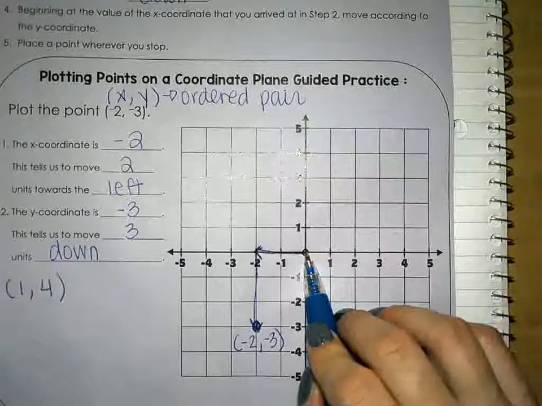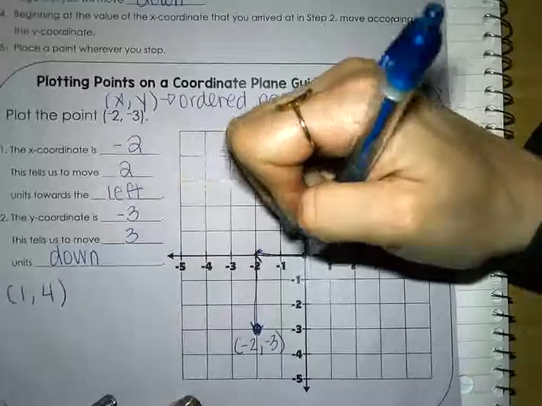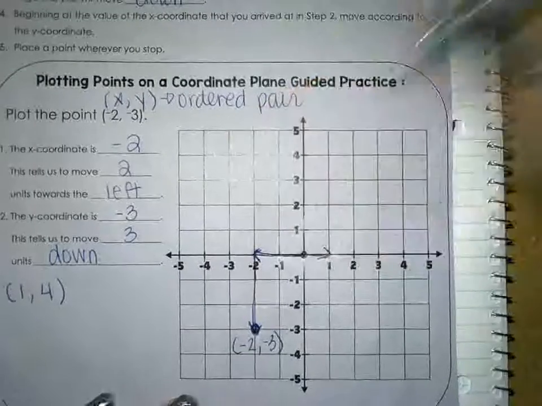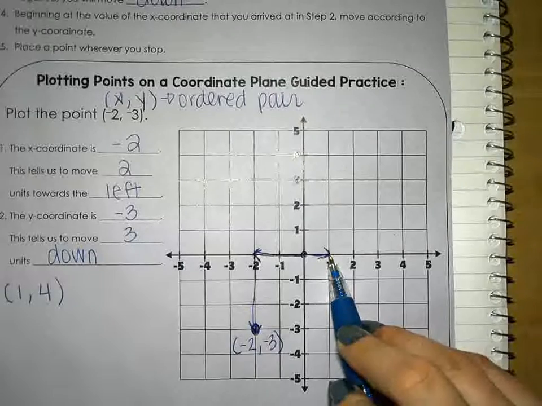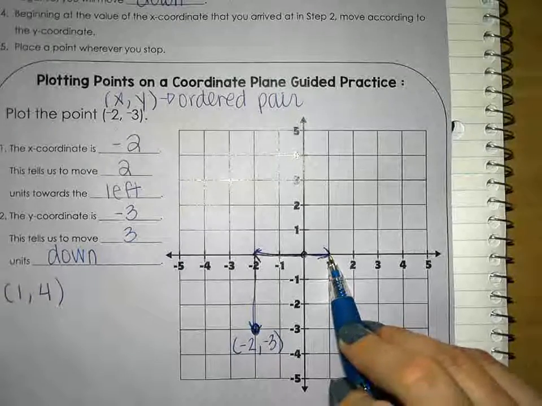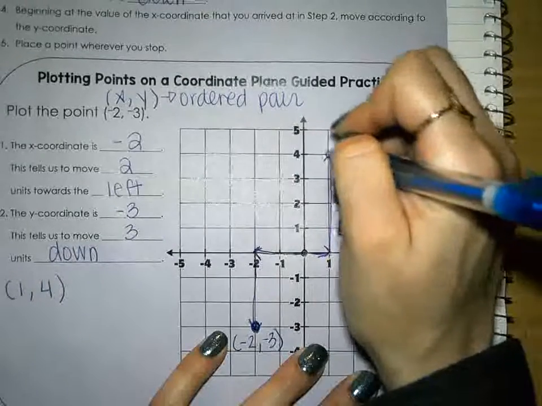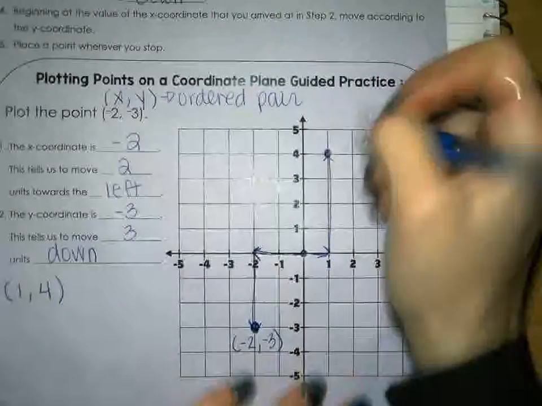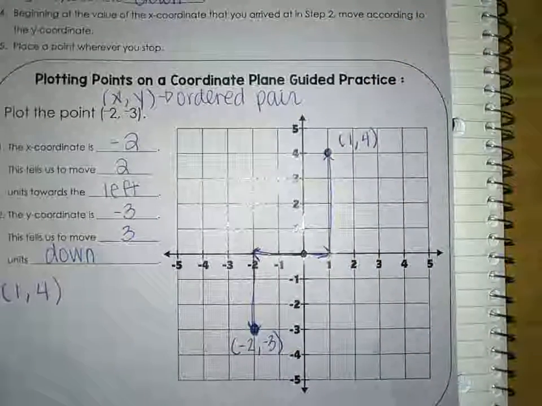The 1 tells me to do what? Go right. How many? So I'm going to draw an arrow over. And then what does the 4 tell me to do? Go up how many? 4. So then I'm going to go up 4. And I'm going to put a dot. And then I'm going to label that that is 1, 4.